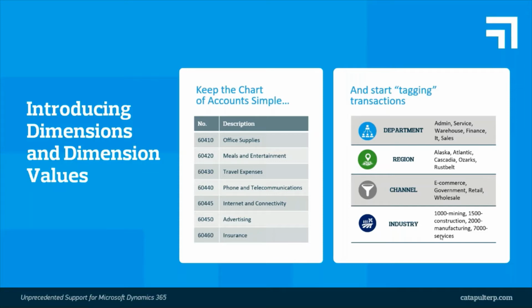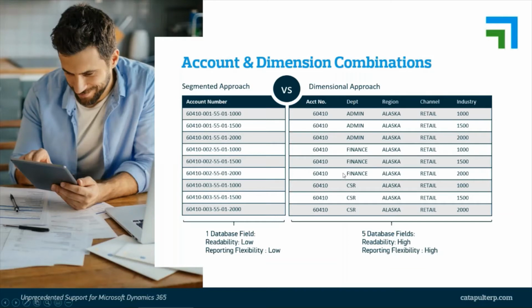Or maybe you have some regulatory reporting requirements, so maybe you have some standard industry codes. There might be some regulatory body that has standard codes that you maybe want to track against to ultimately report on. Regardless of the need, generally most accounting software will have this approach, which is on the left, including Dynamics GP, which is a segmented approach.